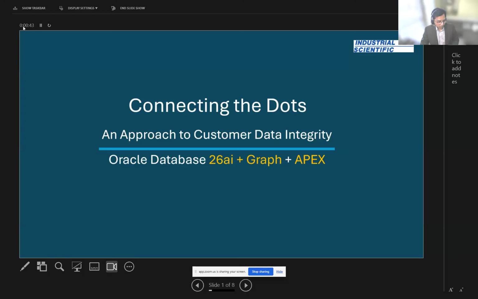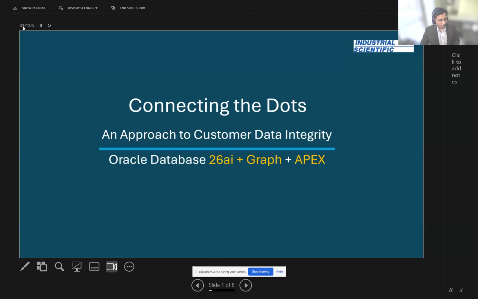Before we jump into this, let me talk a little bit about Industrial Scientific. We are a company that manufactures gas detection products, which are primarily responsible for making sure that people who go into work are exposed to a good, clean environment, and they're not getting exposed to any harmful gases.